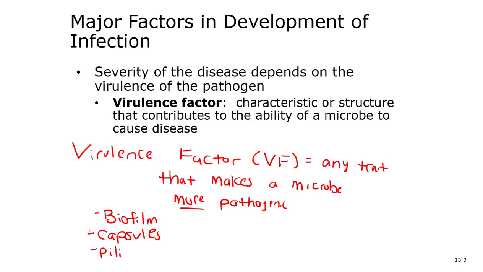Pili, which allow the microbes to exchange genes for antibiotic resistance. Any type of antibiotic resistance could make a pathogen more dangerous. So anything that will make the pathogen more dangerous to you is a virulence factor.